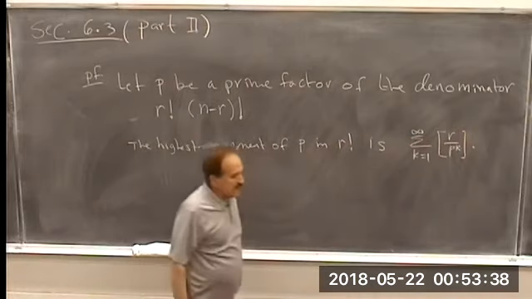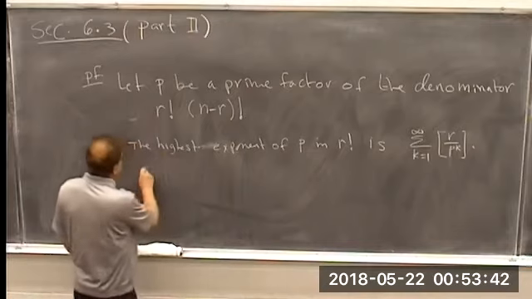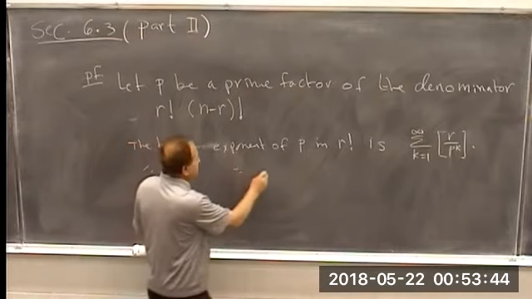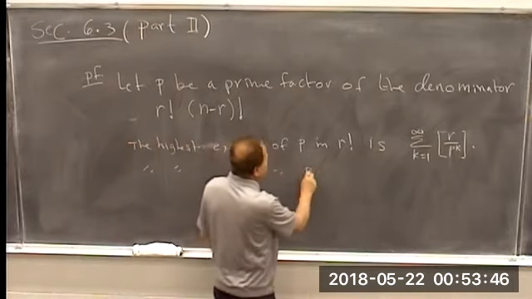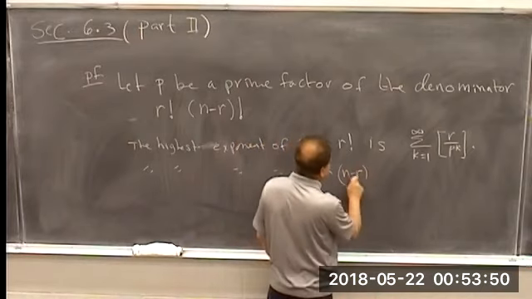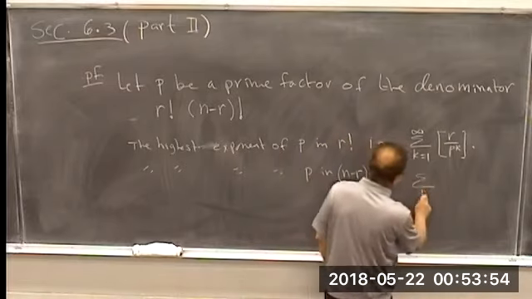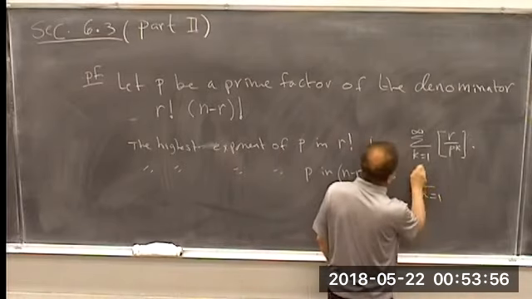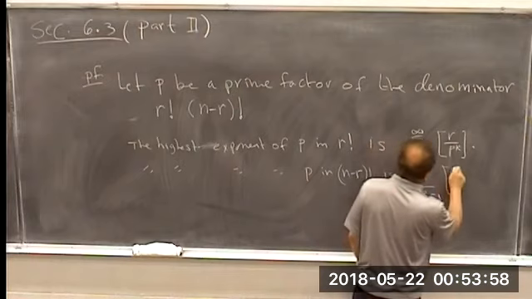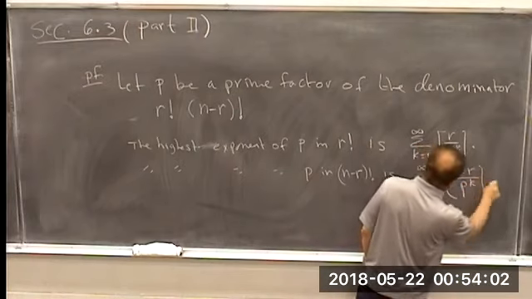And similarly, the highest exponent of p in n minus r factorial is also this: the sum from 1 to infinity of the floor of n minus r over p to the k.